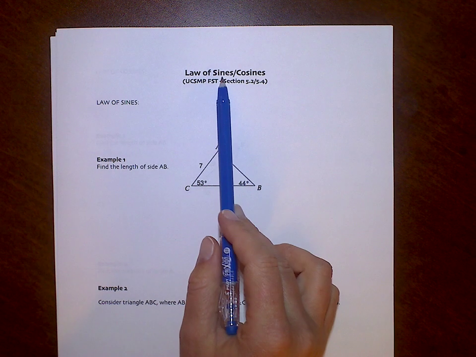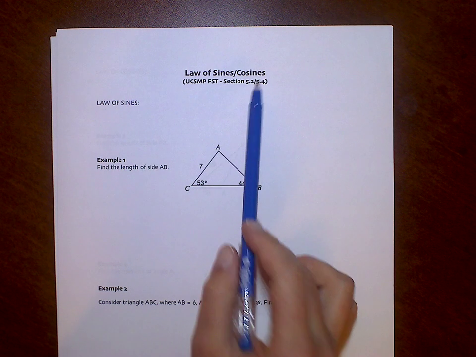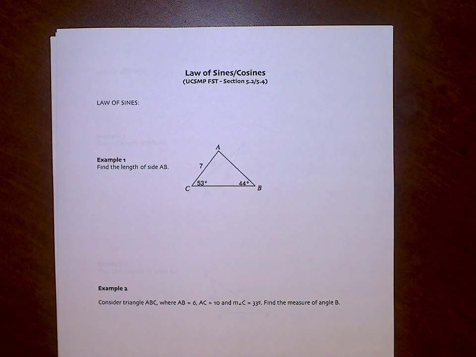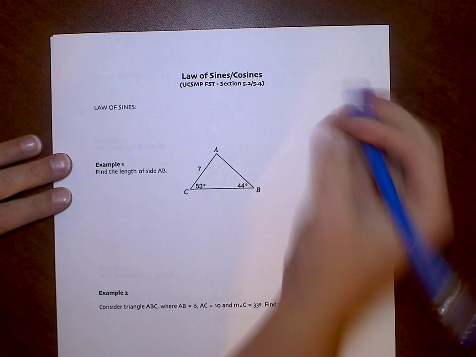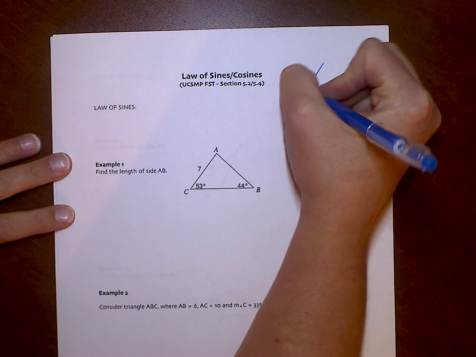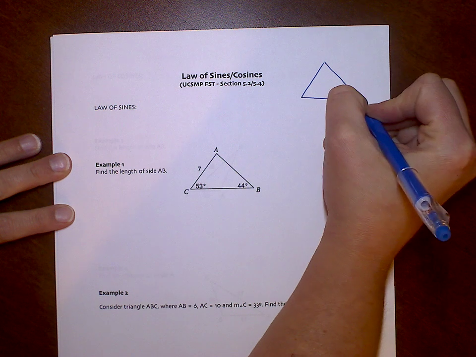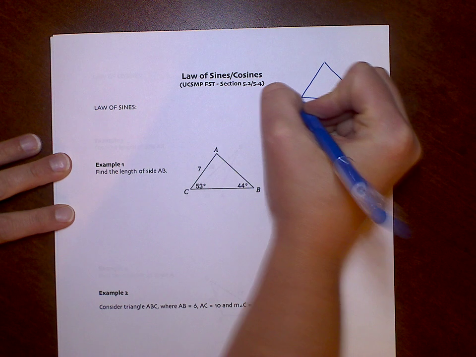These are adaptations of the sine and cosine trig ratios that can be used. Basically somebody proved a formula that uses sine and cosine that works on triangles that do not necessarily have right angles. Okay. Before we get started with writing down the formula for law of sines, I just want to remind you that when we talk about triangles, any triangles, we always name the angles with capital letters.